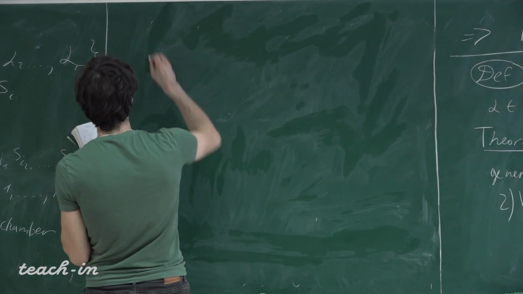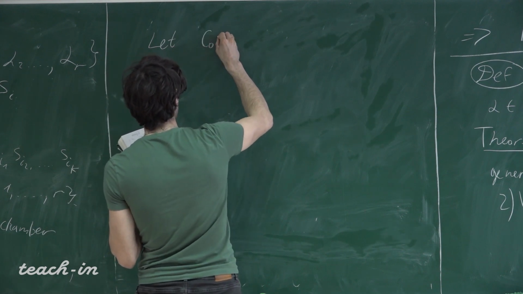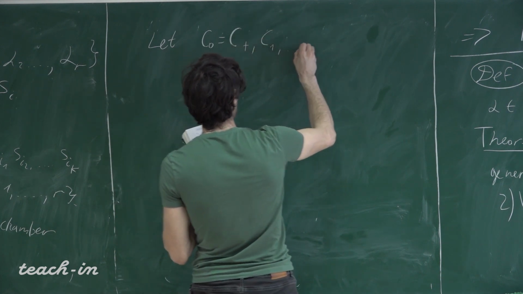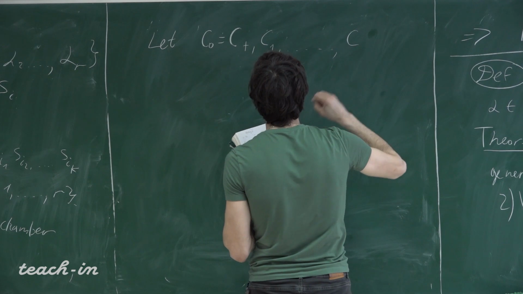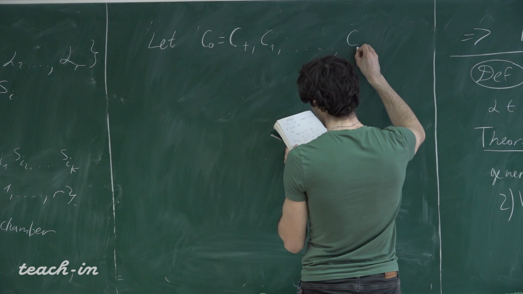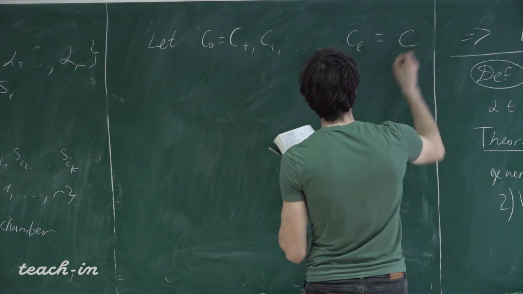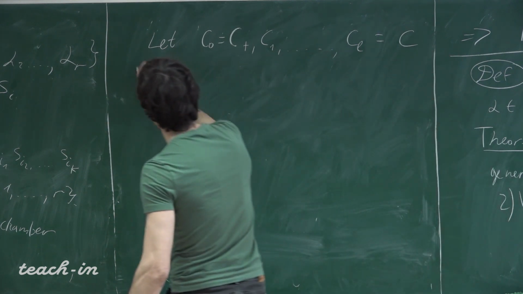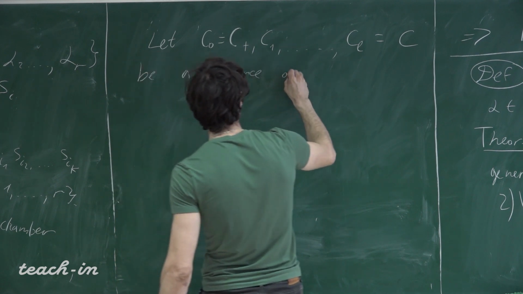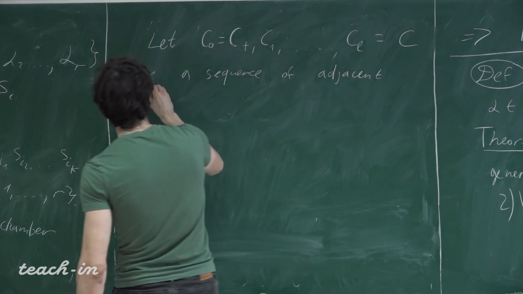So I have C_0, which is C plus, and then C_1, and so on, up to C_l, which is C. Be a sequence of adjacent Weyl chambers.